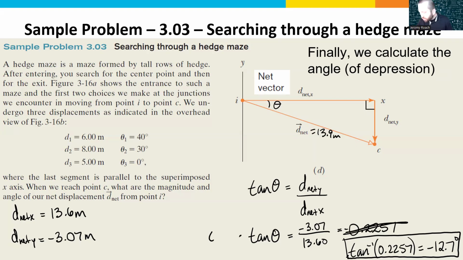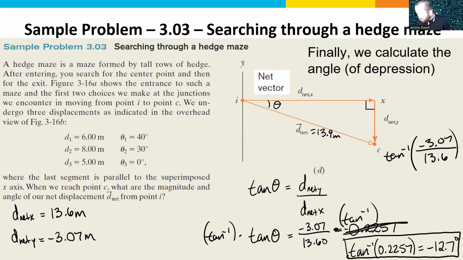We think of it as inverse tangent of that value. Now I wrote equals, but that's what this part equals. So we're finding inverse tangent of negative 3.07 over 13.6. And that's the 0.2257. That's where that number comes from.